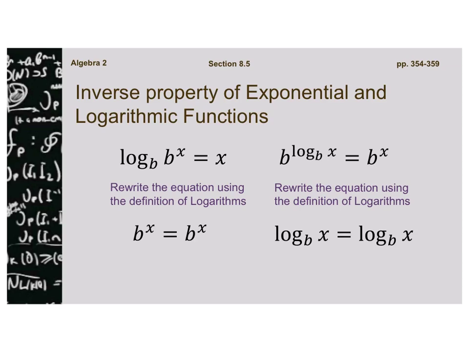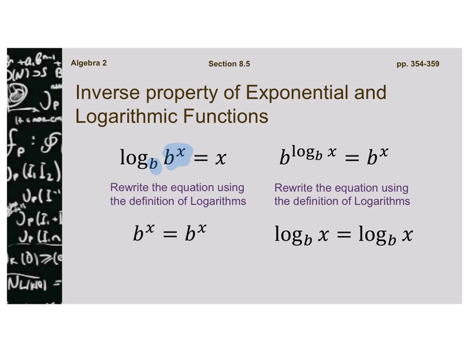Inverse property of exponential and logarithmic functions. What this says is these things can cancel each other out if we plug them into each other. So notice if I take b to the x and I plug it into a log base b, I'm going to get x. In essence, these two will cancel each other out, and I'm just left with x.